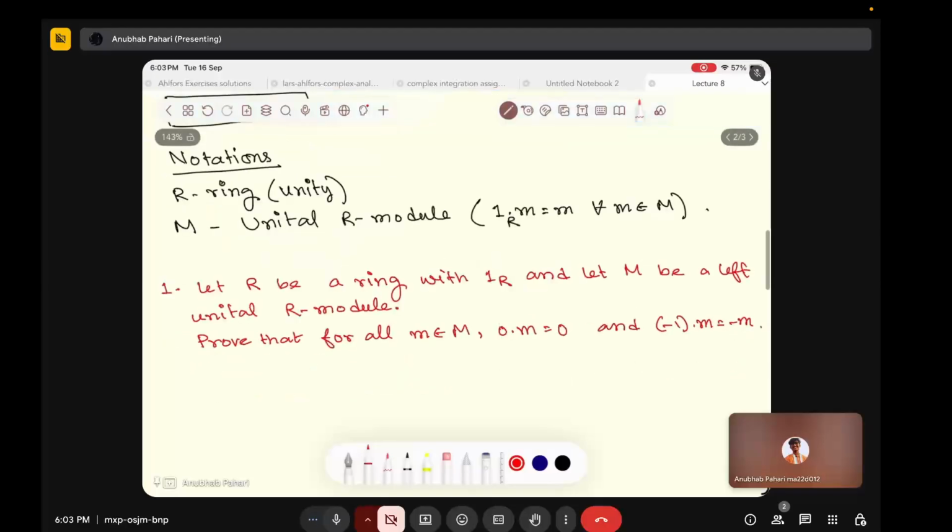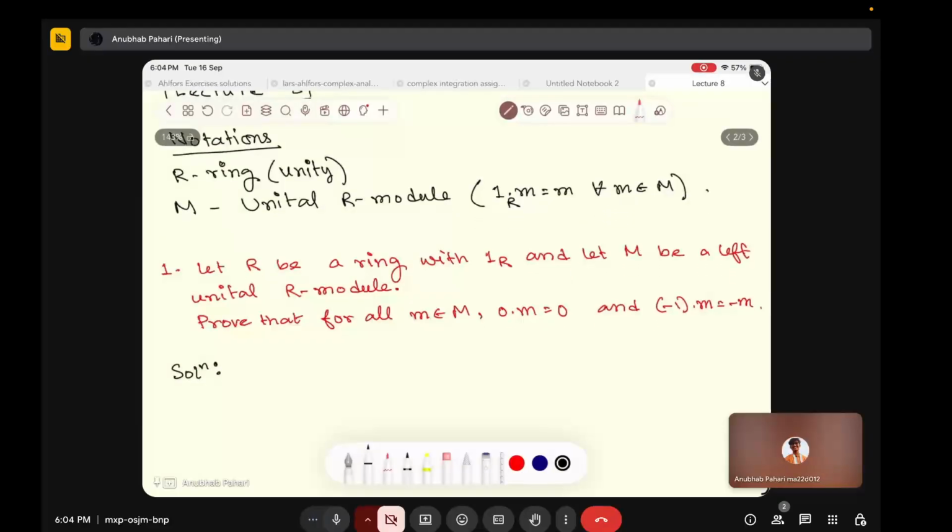Now, this exercise is quite simple if you have done similar problems in ring theory and group theory. Anyway, let us start solving this.